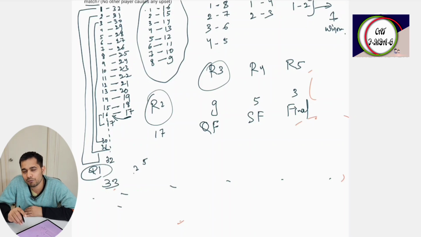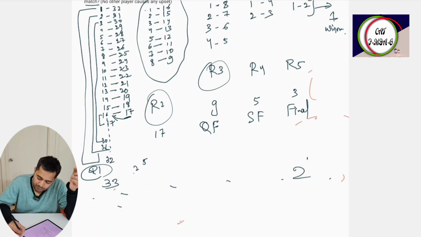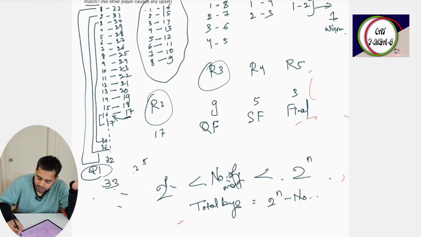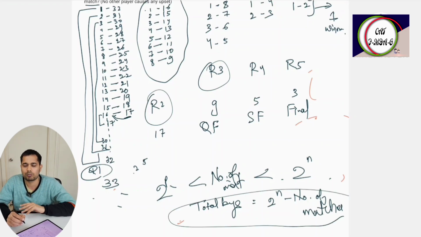Then when you calculate, you will find that the total number of byes are 2 to the power n, and let us say the number of matches is 2 to the power p. So the total number of byes you will find as, you need not derive the formula, just remember this simple formula.